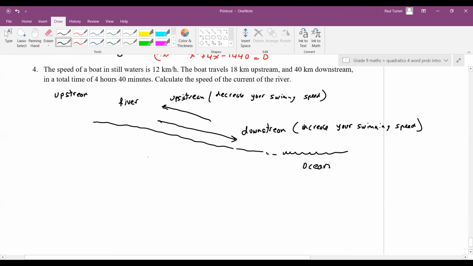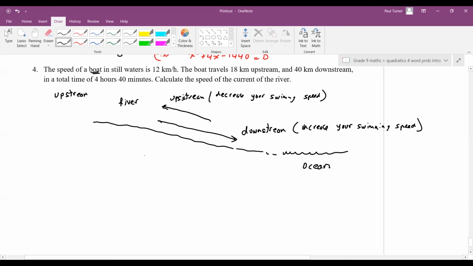If you're in a boat, and this question is about boats, by the way, not swimming, but if you're in a boat and you just turn the engine off, you're going to go downstream, aren't you? That's the speed of the current. Okay, so you may be doing, say, 2 kilometers per hour, just because the water is moving you downstream. It's pushing you down.